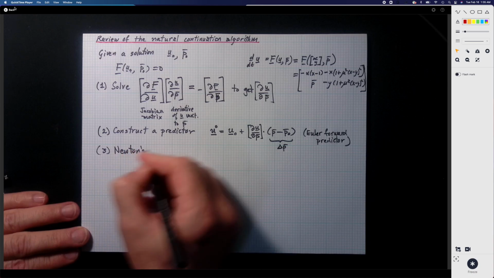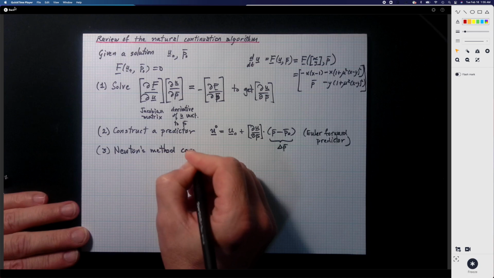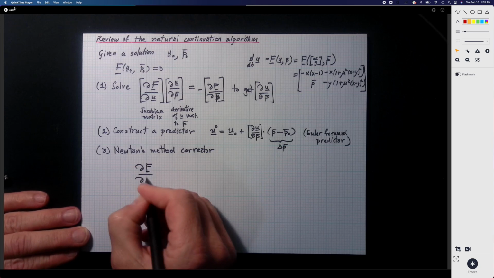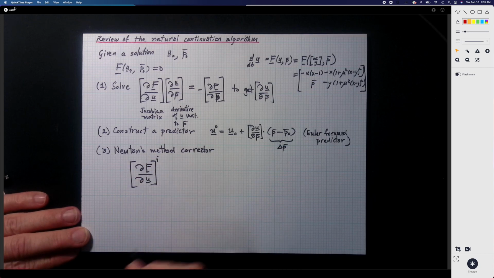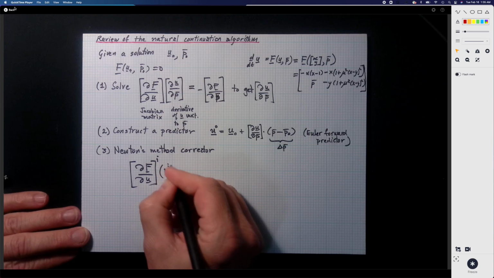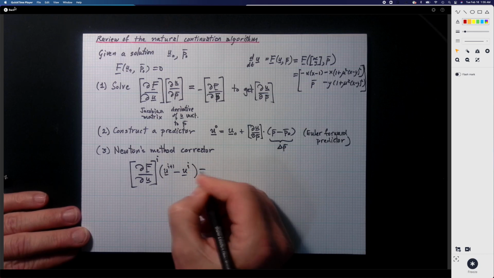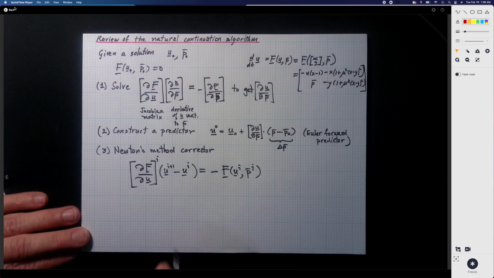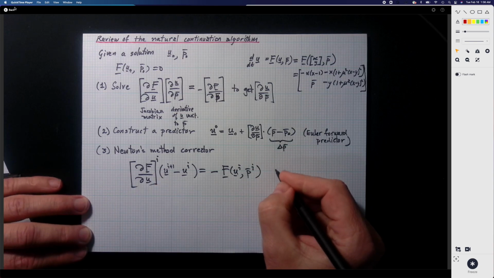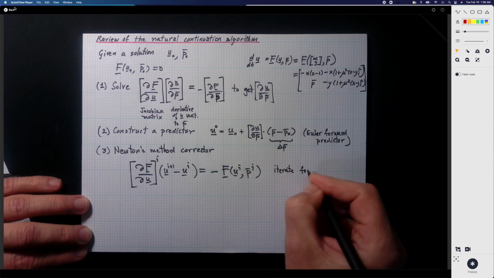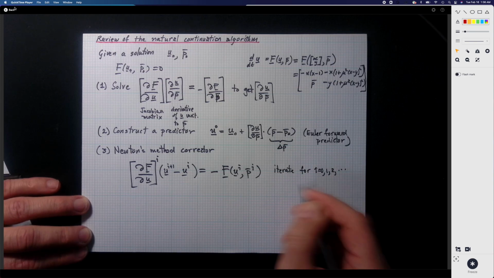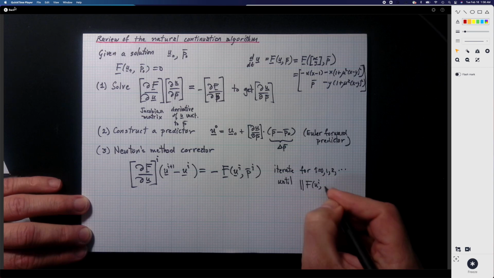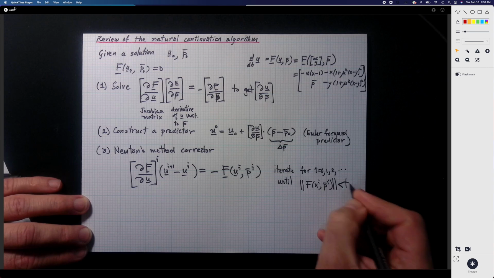And then, once we have our initial predictor and initial iterate, we use Newton's method corrector. The algorithm for that is we use the Jacobian matrix at iteration I, multiplying U at I plus 1 minus U at I, equal to minus f at U at I, P bar at I. So we're going to solve this for the iterates for I equals 0, 1, 2, and so on, until the norm of this quantity is less than the tolerance.